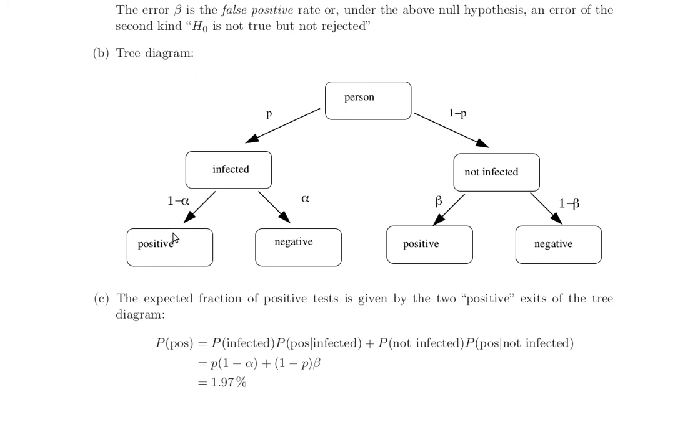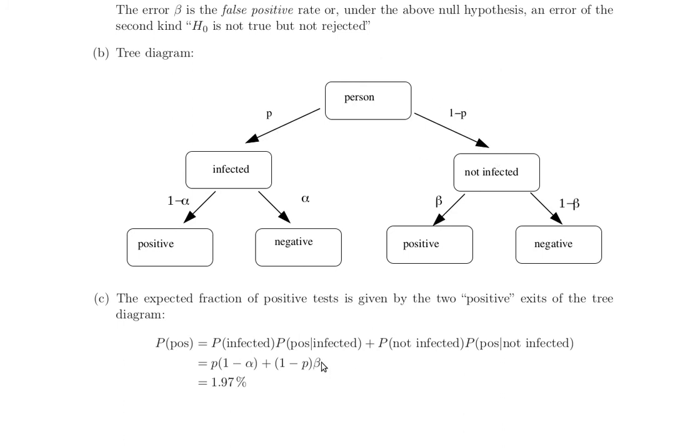So this is this branch and this branch, and then the combined probability is just the product of all probabilities when going through this tree. So we have two trajectories through this tree, this one and this one. Here we have a probability p times 1 minus alpha, and here we have a probability 1 minus p times beta, this is this one.